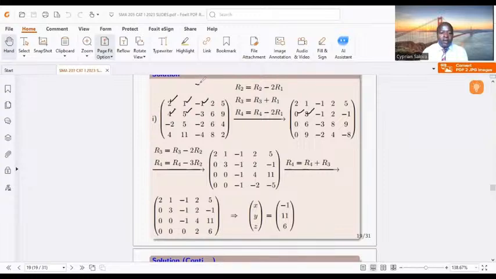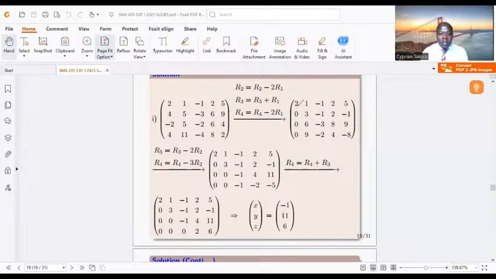So I have -3 minus -2, which gives me -1. And then this times 2 would be 4, from 6, that would be 2. This times 2 would be 10. From this, I have -1. I've done row 2, you do the other rows.